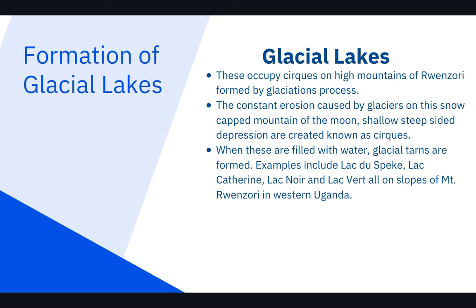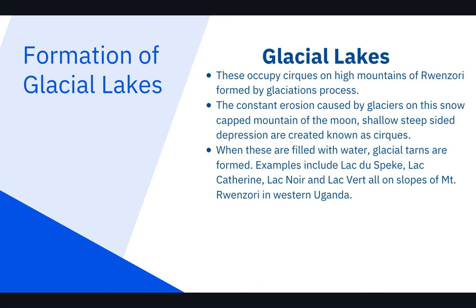Now we're on glacial lakes. Glacial lakes come from the process of glaciation, where glaciers erode the surface of the area where they are, and through the erosion we see the creation of different hollows, which we call cirques, corries and tarns. So we are saying these occupy cirques on the high mountains of Rwenzori, formed by the glaciation process.